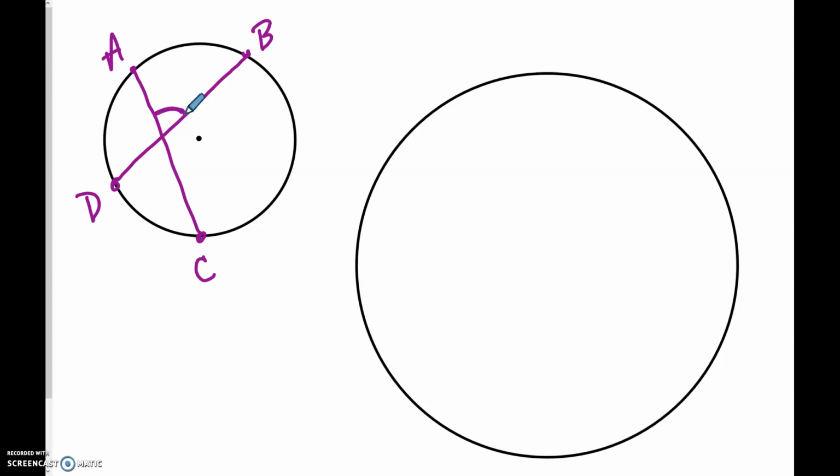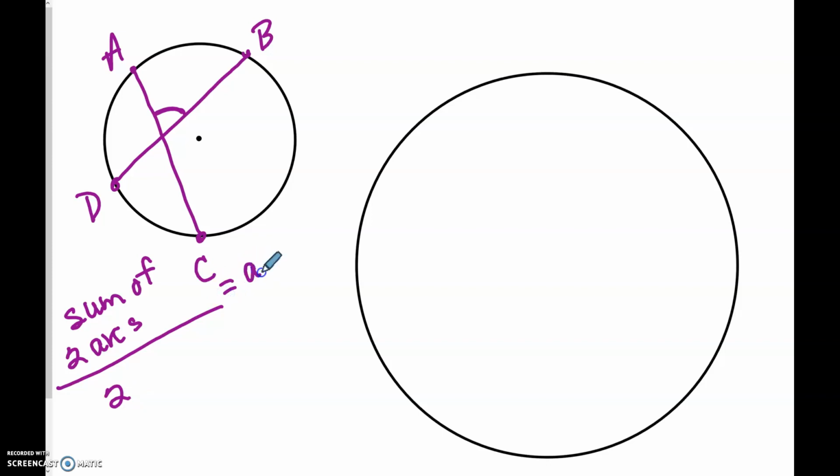So what we find out is that the sum of the two arcs divided by 2 equals that angle measure in the middle.